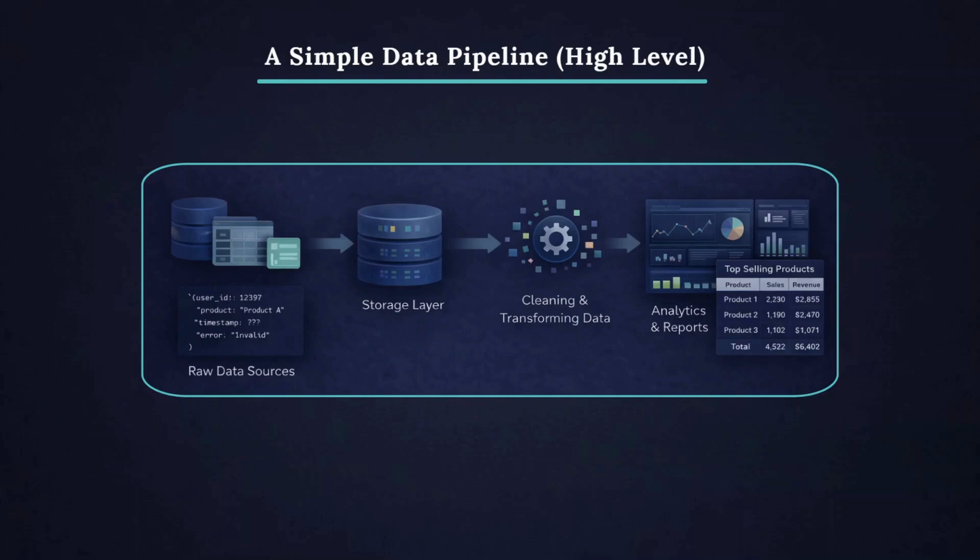So this is the high level view of a data pipeline. When we go deeper, each of the stages uses different tools and technologies. But the flow from the raw data to storage to transformation and analytics is the foundation of data engineering.